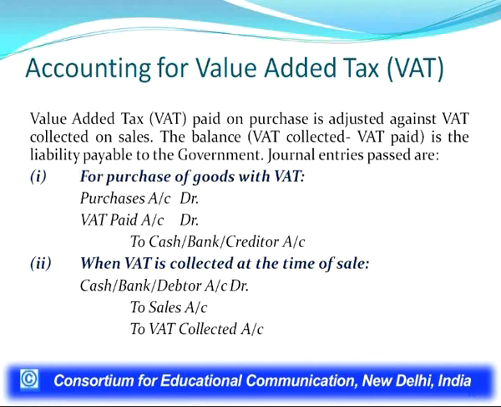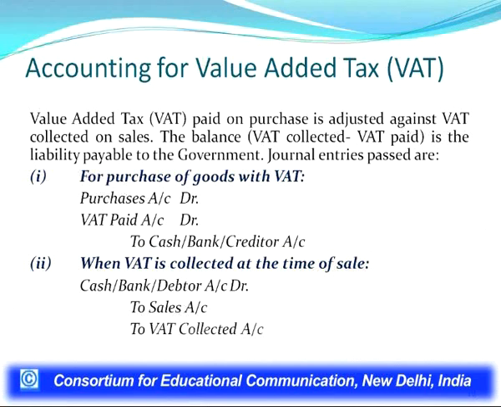When we sell the goods, we shall collect the amount in cash or by check, or if we have sold the goods to debtors, in case of sale, either cash, bank or debtors account is to be debited. Sales is income, credited. Whatever VAT amount has been collected, the VAT account shall be credited.